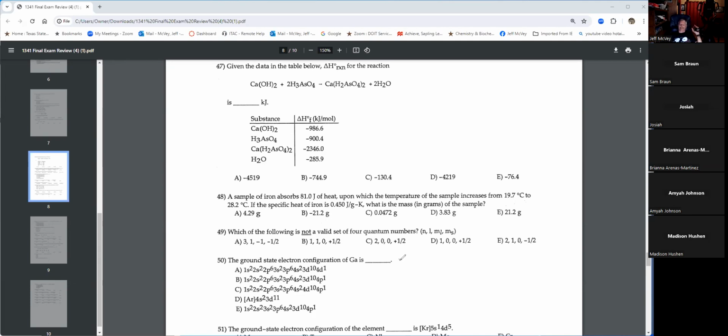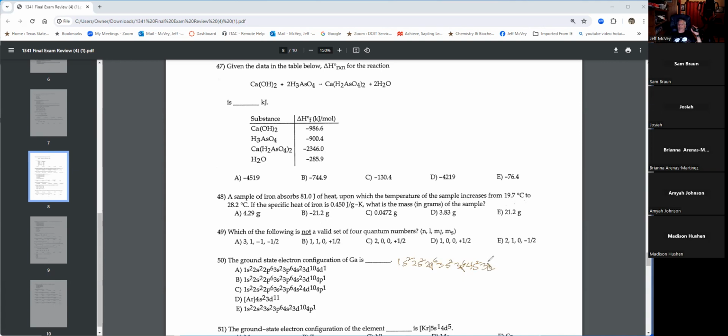So here we go. 1s2, 2s2, once we get to 2, we can have a P. So that's going to be 2p6. Then we go to 3s2 and then 3p6. And then we go to what? 4s2. And then we start the 3Ds.